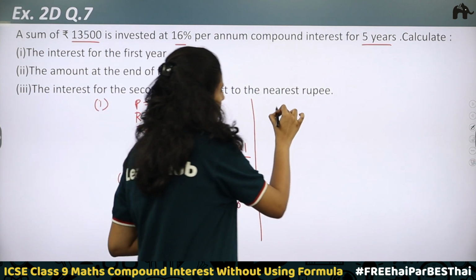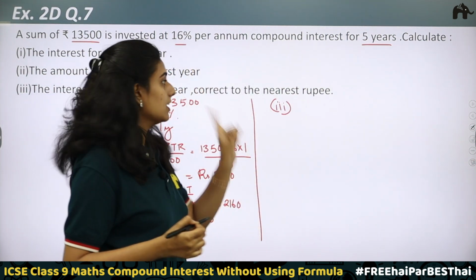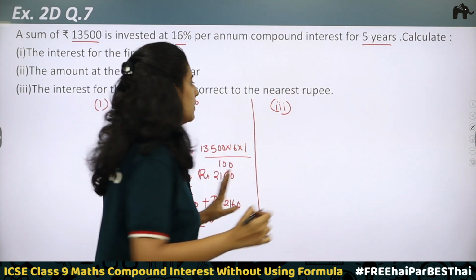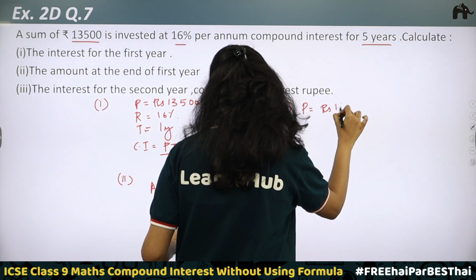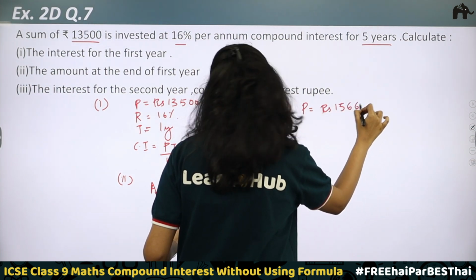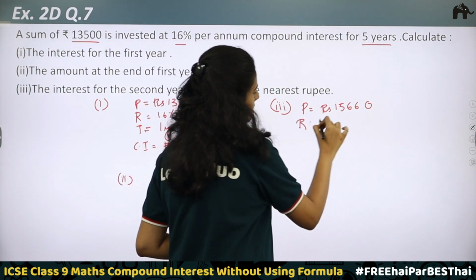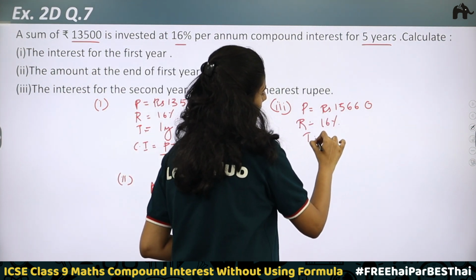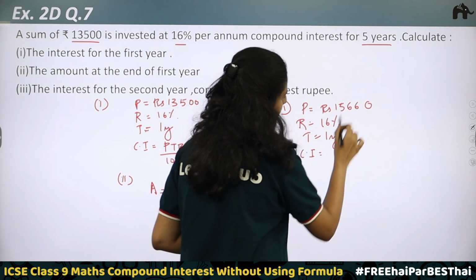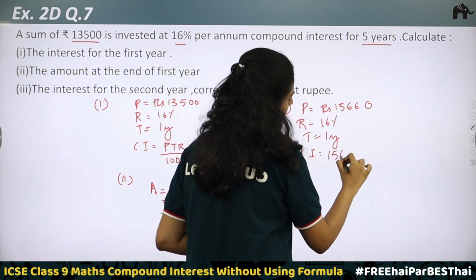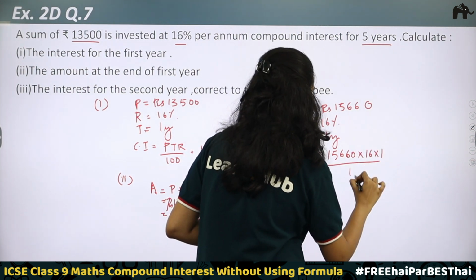Now, the third part of the question, we are asked to find the interest for the second year correct to the nearest rupee. Okay, so here the principal will be rupees 15,660. Okay, now the rate of interest is same, which is 16%. Time is 1 year. Compound interest will be equal to PTR by 100, 15,660 into 16 into 1 divided by 100.